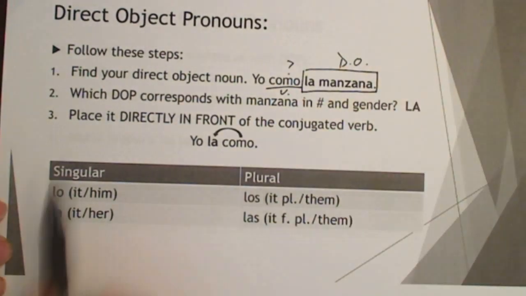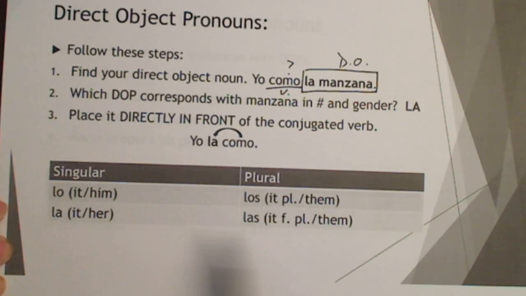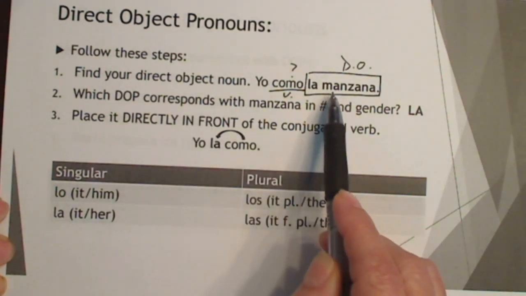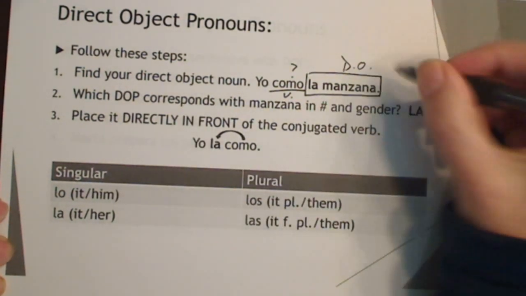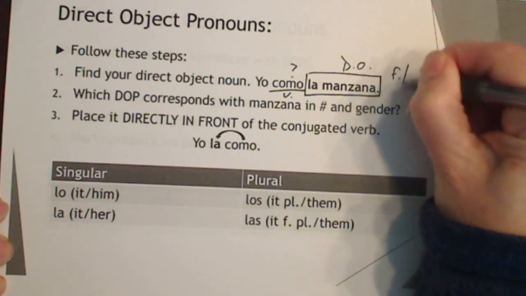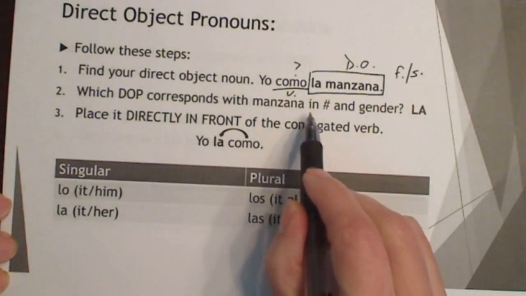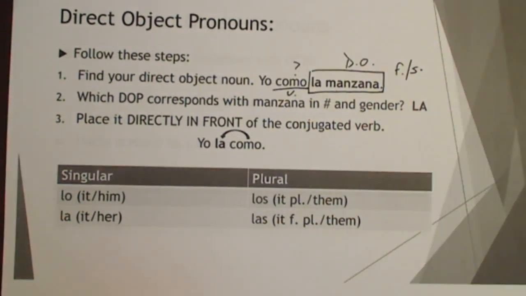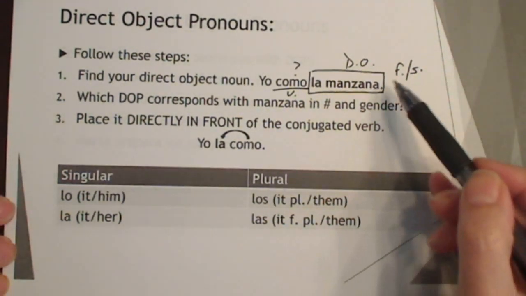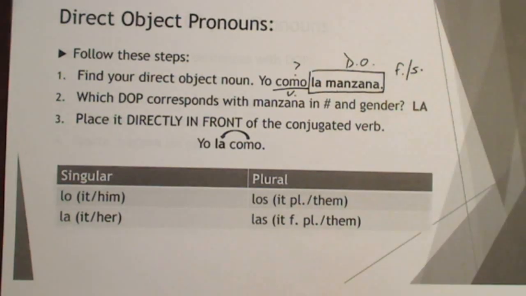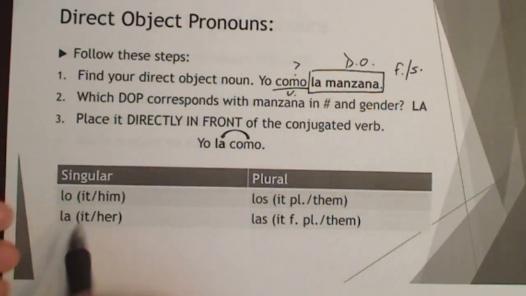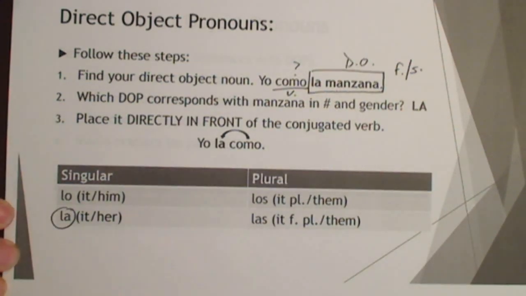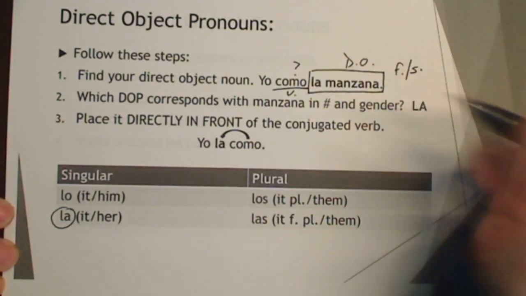So now we have to figure out which DOP corresponds with the word manzana. Manzana is feminine and singular, and it has to agree, my DOP, with the word that it's replacing. Okay, so the feminine singular DOP, the word for it, is, oh look, coincidentally, it is the same, so it is la.